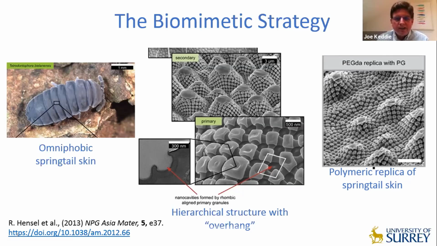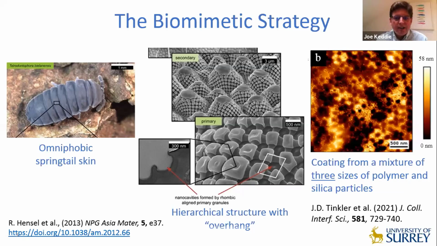So in this case, they just took the approach of making a physical replica in a polymer. And they did start to achieve some of the same omniphobic properties. But you can still try a biomimetic strategy, and I'm aware of some recent work at Loughborough where they used this as an inspiration and got the idea of mixing a variety of sizes to also create a hierarchical structure.